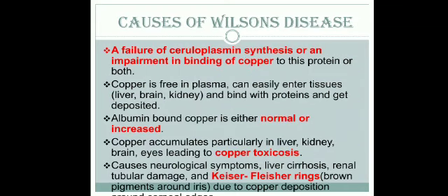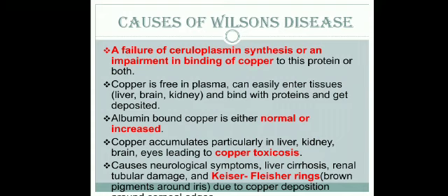Now, the causes of Wilson's disease are failure of ceruloplasmin synthesis or impairment in binding of copper to this protein, or it can be both. Copper is free in the plasma and hence can easily enter various tissues like liver, brain and kidney and bind with the proteins there, gets deposited and hence results in toxicity, leading to its accumulation in liver, kidney, brain and eyes.